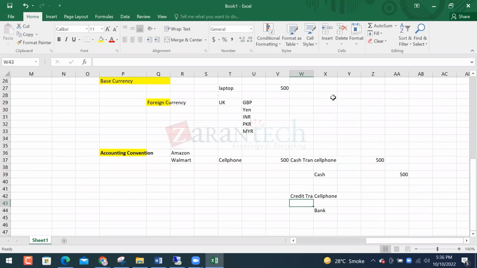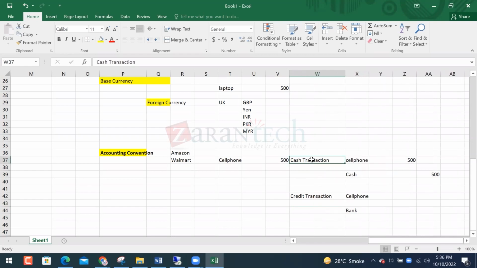So what is the nature of your business? Either your business accepts only cash transactions, so whenever you purchase or sell anything, you accept only cash.